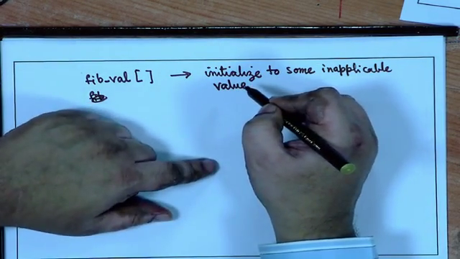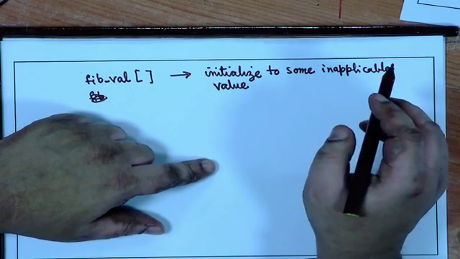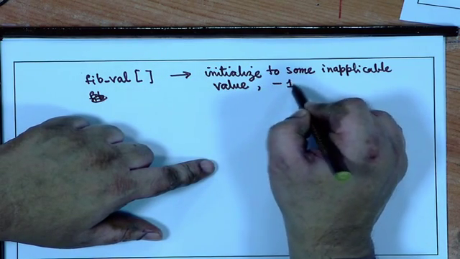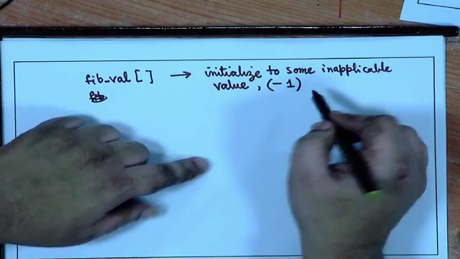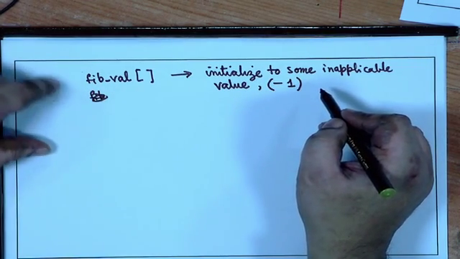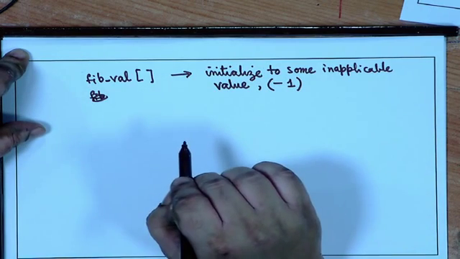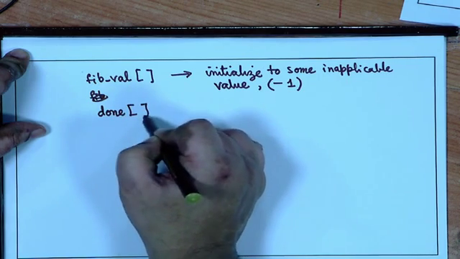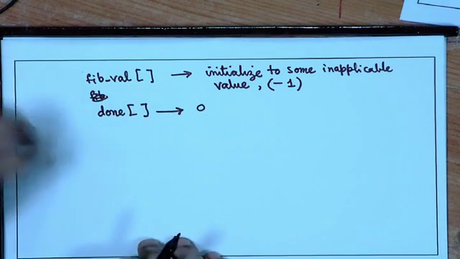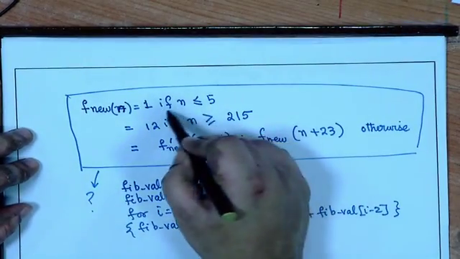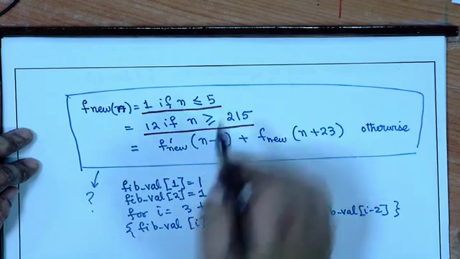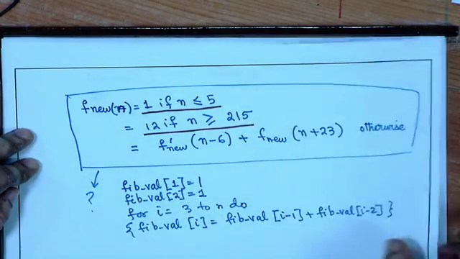Since we have used addition here and all numbers are positive, no negative number can be there, so for the time being we will initialize everything to minus 1. If we do not have an inapplicable value, then we have to use a separate array, done, all initialized to 0, to identify whether that element was done or not done. For the example that we have here, with two base conditions, it is easy for us to do.